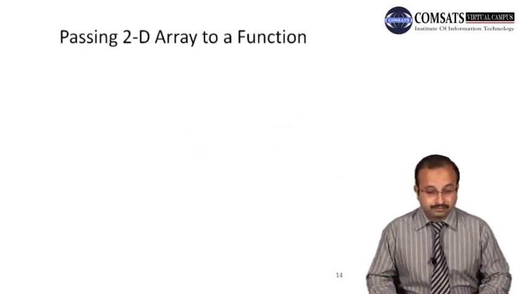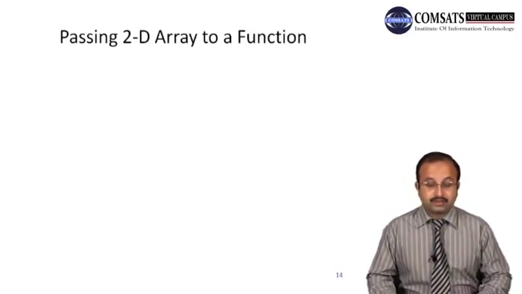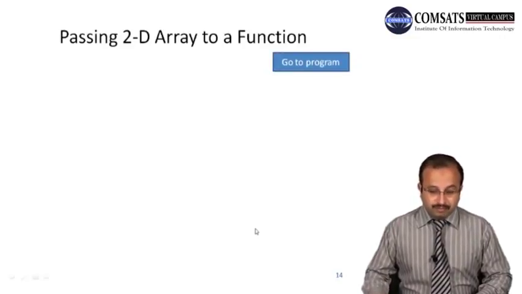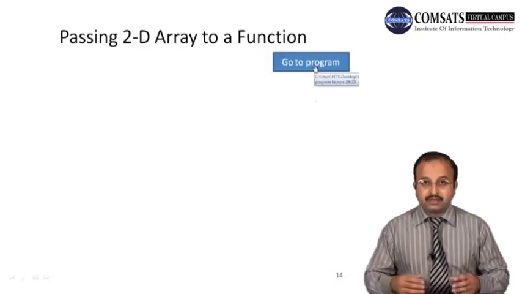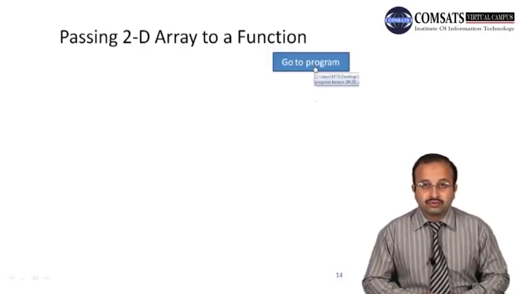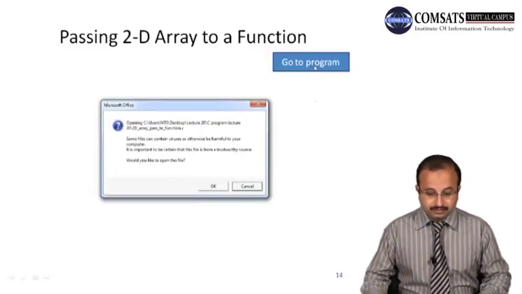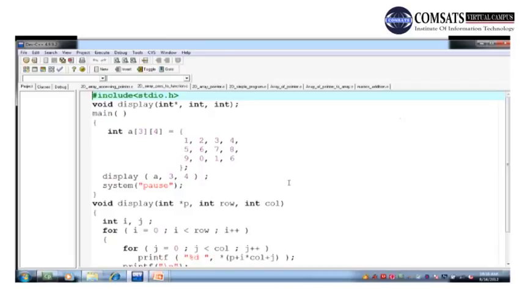Right? Now passing a two-dimensional array to a function. How can we pass a two-dimensional array to a function? First let's see that program, and then I will show you how this program works, and then we can dry run it. This is our display function, and the return type of this function is void.